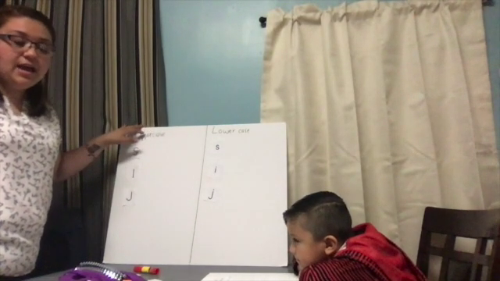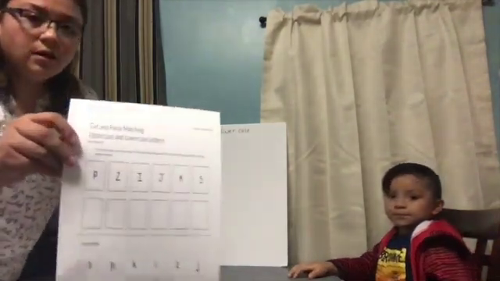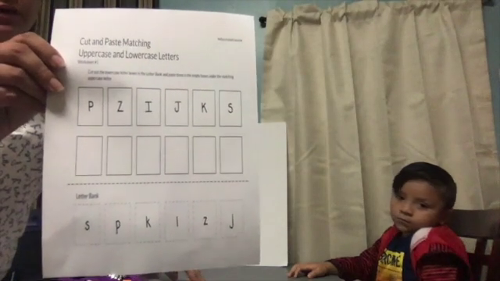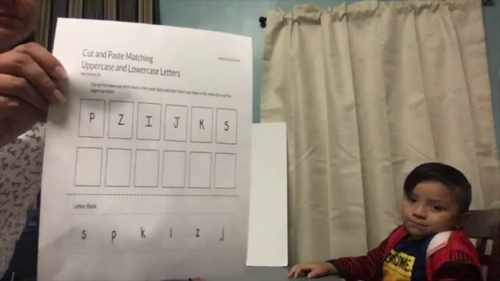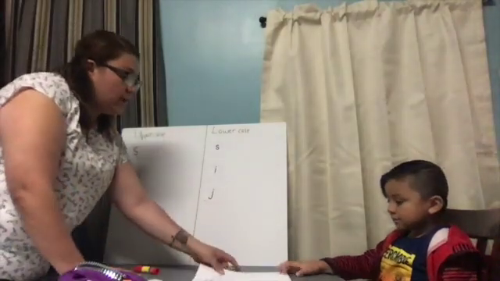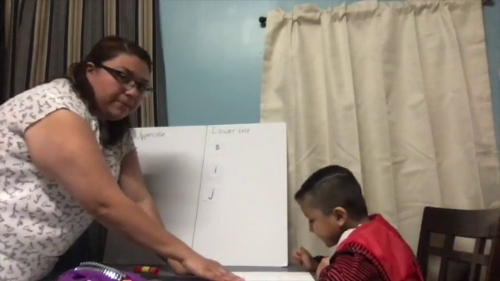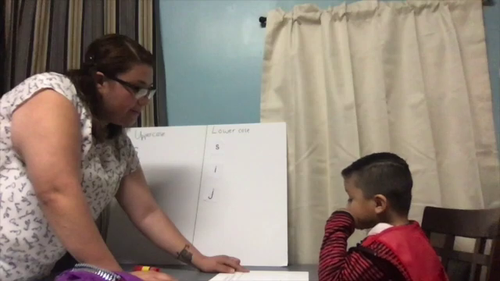For example, today I'm going to have Sebastian do an activity where he's going to look for the lowercase letters that correspond to each of the capital letters. Okay, Sebastian, what I'm going to need you to do now is, on the top of the paper, you see the capital letters, right?